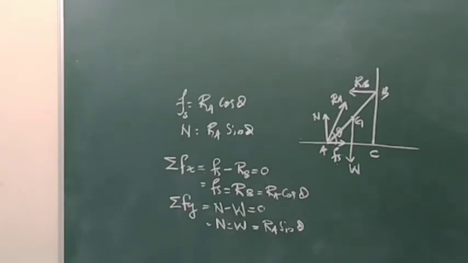That means the total clockwise moment is equal to the total anti-clockwise moment. So which are the forces which can generate torque or moment when you are taking the moment of force about the point A?